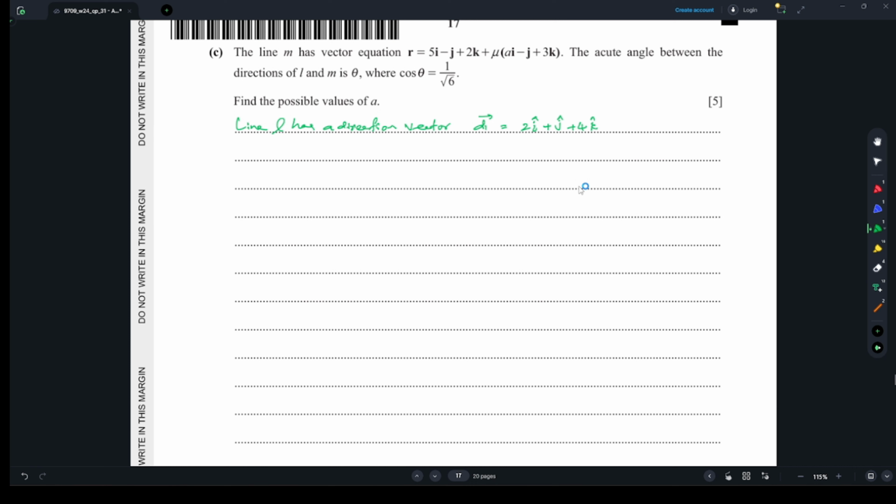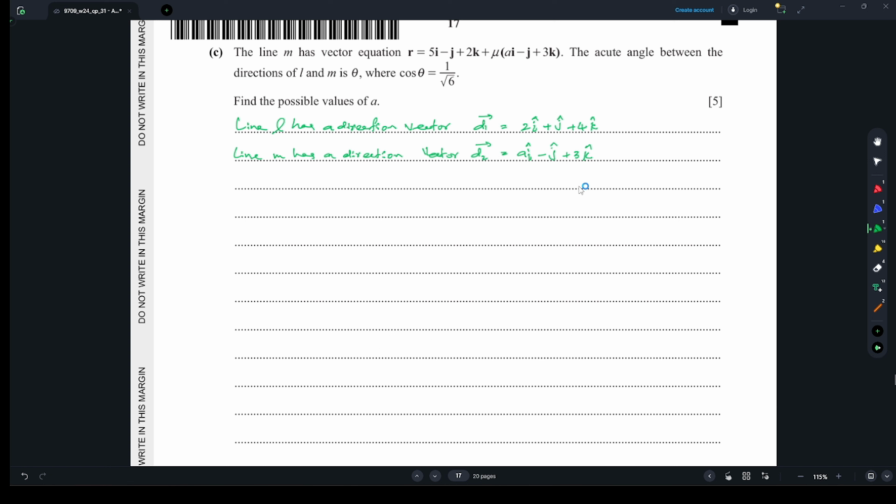And then the line M has a direction vector, let's say d2 equals, now you can find here, ai minus j plus 3k.